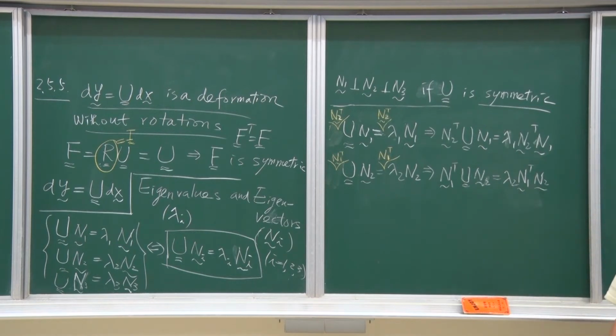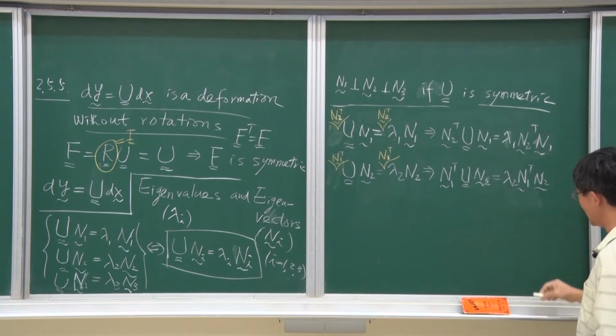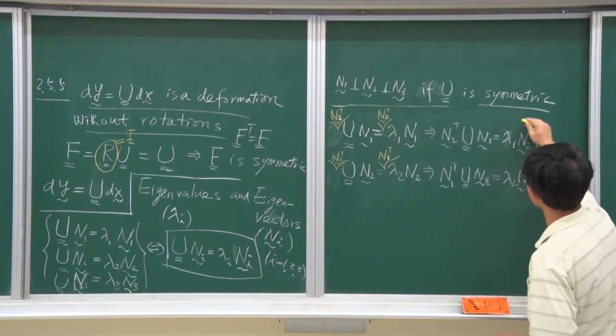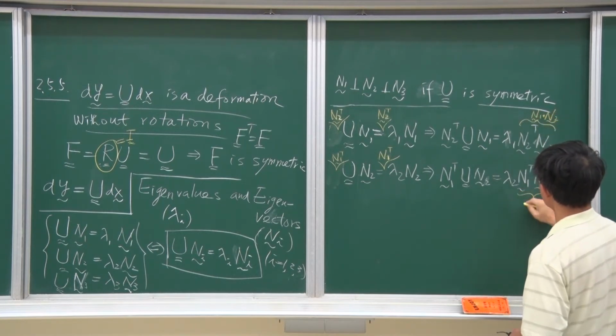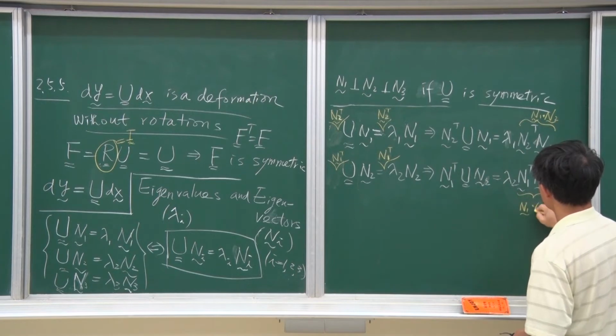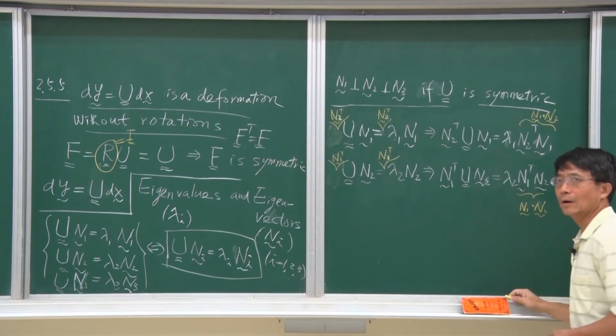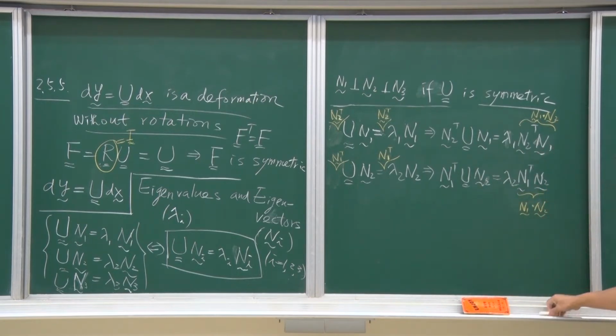Okay, but this one is just the inner product, as I have mentioned before. This is also the inner product. Okay, so let me name this as equation 1. This is equation 2, right?